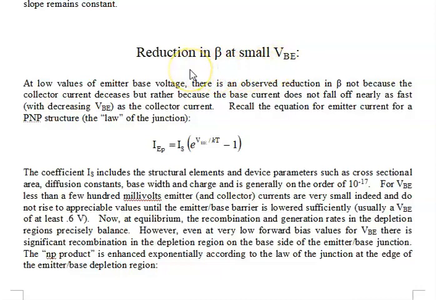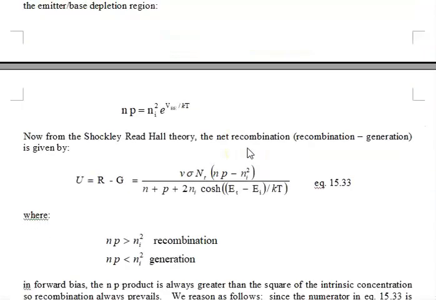The high-level injection is large values, very large values of forward bias. The reduction in beta is also possible, and in fact happens, observed, at very small values of forward bias. And the idea here is that we won't really talk about this in any detail.